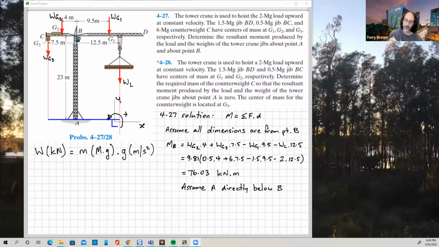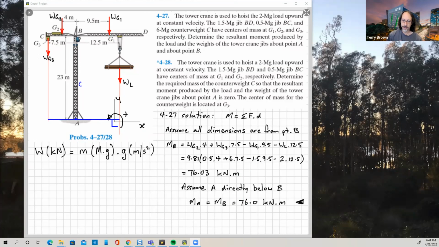If I put in a C, for example, we can say that the moments about point A are equal to the moments about point B of all of those forces. We can also say that the net moment about point C is also that same value, 76 kilonewton meters, anti-clockwise, because our value here has come out positive.